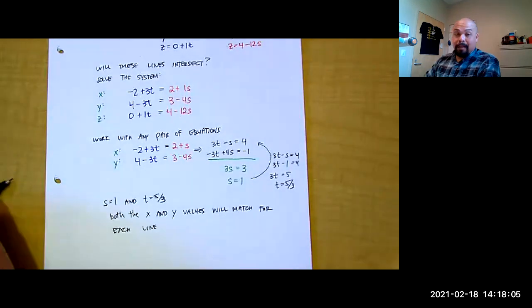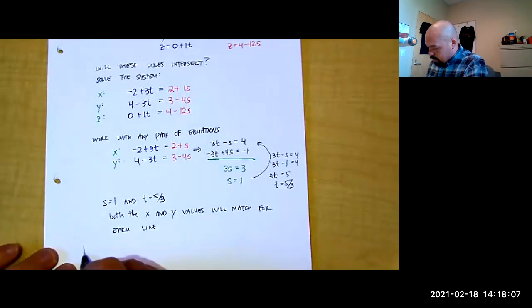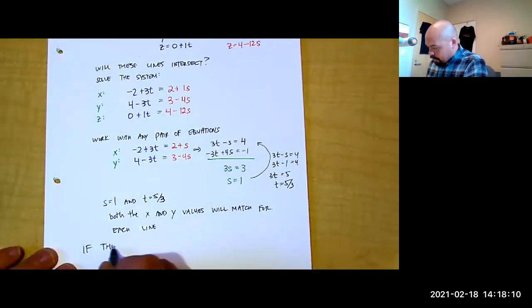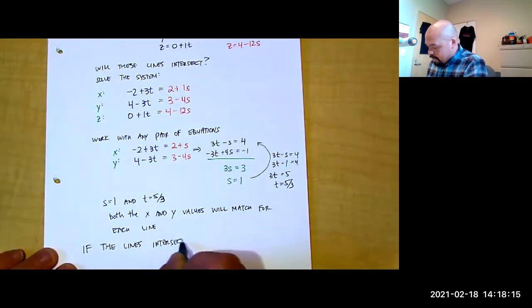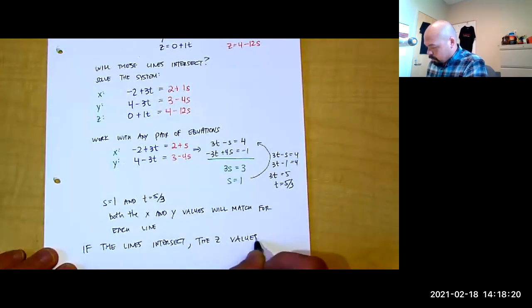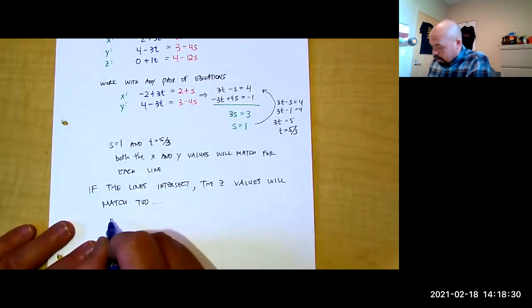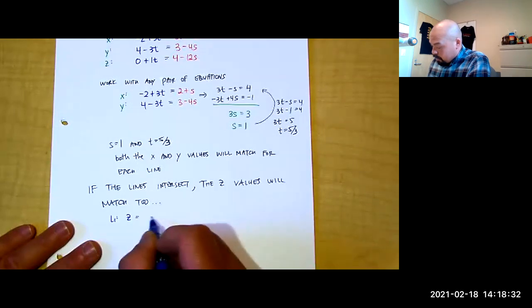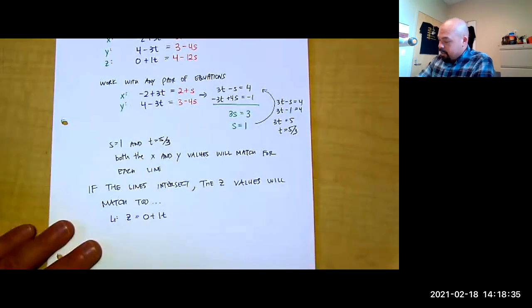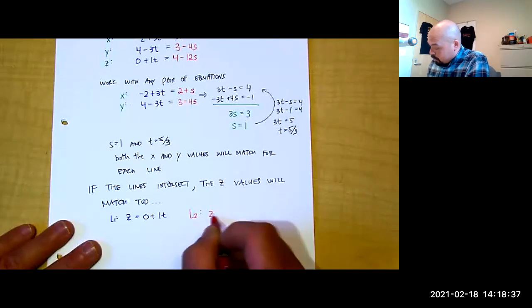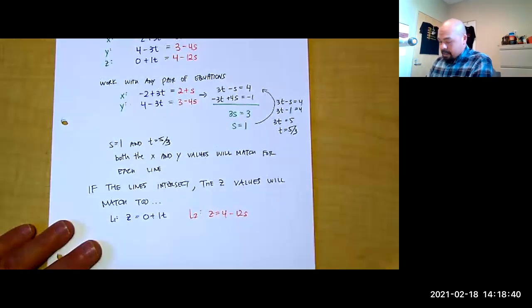But in order for those lines to intersect, the z values will match too. So remember those z's, right? For line 1, z was equal to 0 plus 1t. Line 2, z was equal to 4 minus 12s.